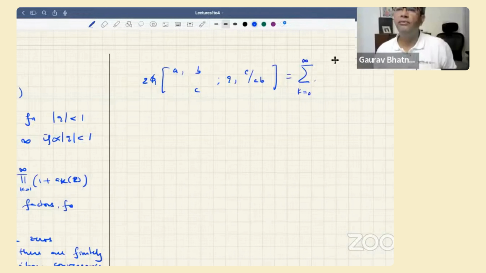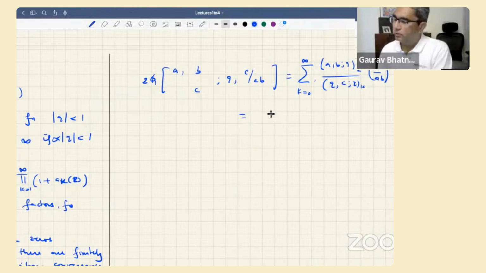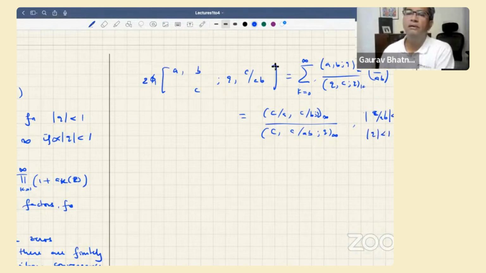This is the sum, k going from 0 to infinity, of (a; q)_k (b; q)_k over (q; q)_k (c; q)_k, times (c over ab) raised to power k. And this was equal to (c over a; q) infinity (c over b; q) infinity over (c; q) infinity (c over ab; q) infinity. And this was valid for c over ab less than 1 and q less than 1.